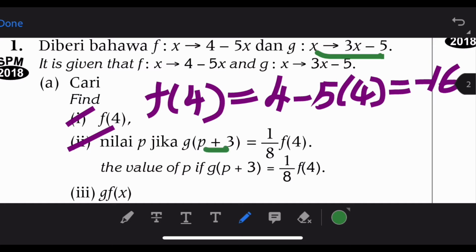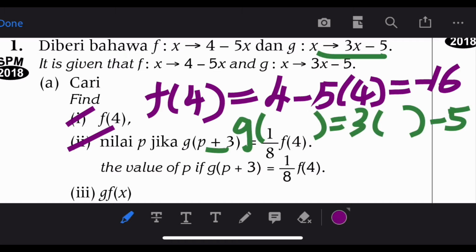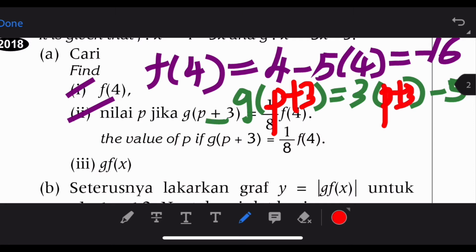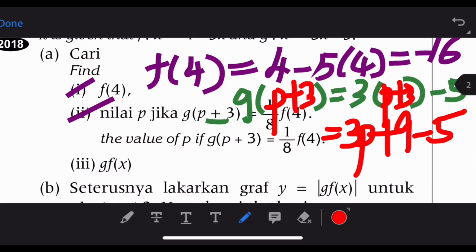So I'm going to copy g(something) equal to 3(something) minus 5, right? And the something is actually p plus 3. So I'm going to write p plus 3 like this. Then I will simplify: 3p plus 9 minus 5. Alright, so I will have 3p plus 4.